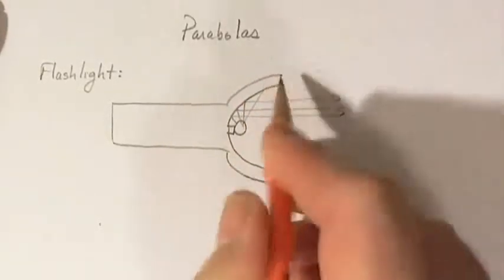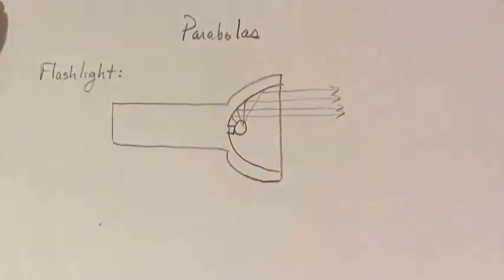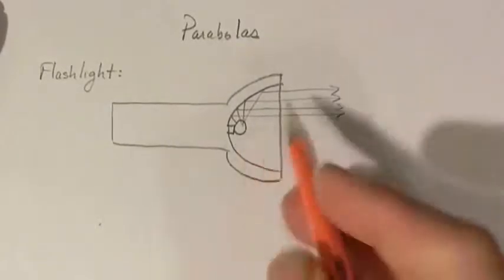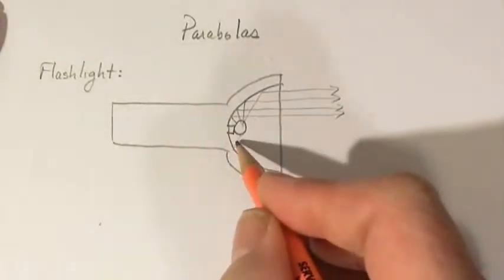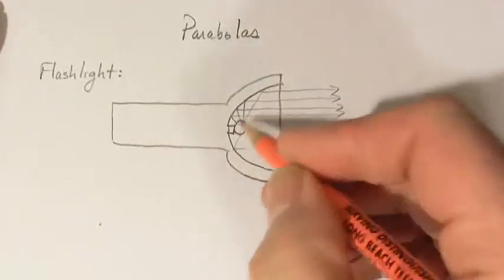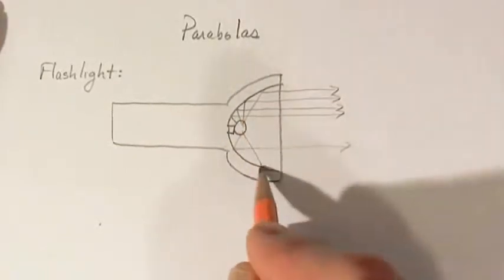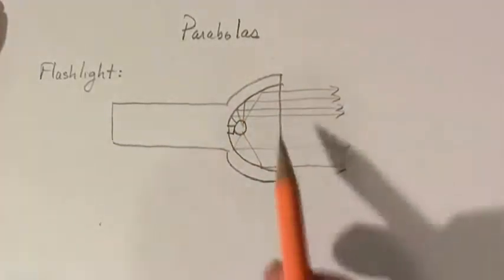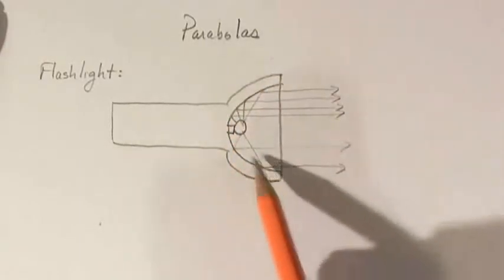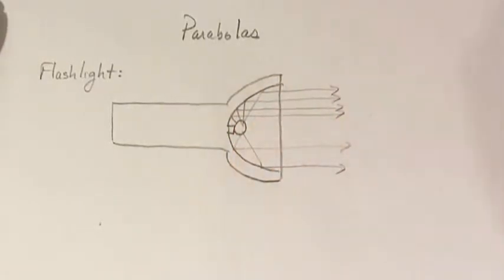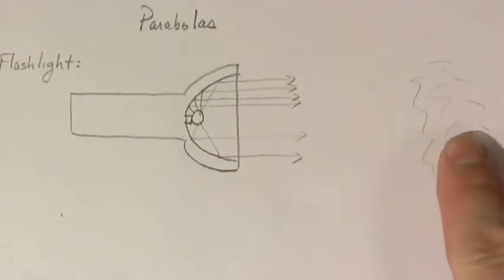It comes out of the bulb, hits the reflecting lens, and goes like this. It does the same thing on the bottom. If it hits here, it goes straight out. If the light hits here, it goes straight out. And this property of the lens in a flashlight is why you see all the light seemingly focused in one patch in front of the flashlight.